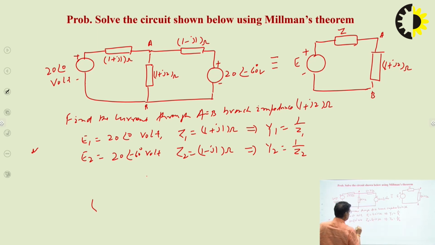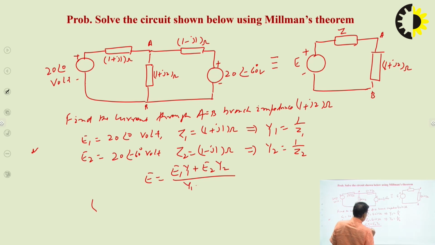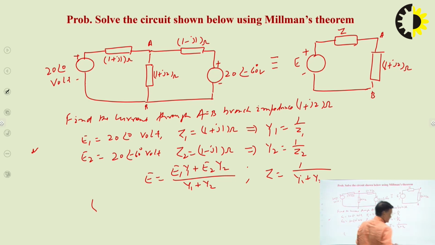Then E is equal to E1 Y1 plus E2 Y2 upon Y1 plus Y2, and Z is 1 by Y1 plus Y2. So once we get these values of E and Z and put them in this circuit, we can get the current through the 1 plus J2 ohm.